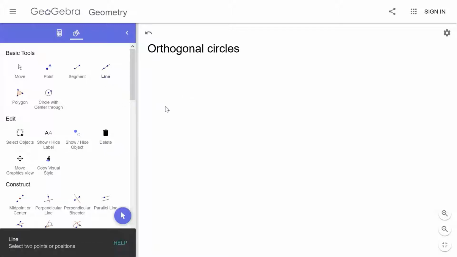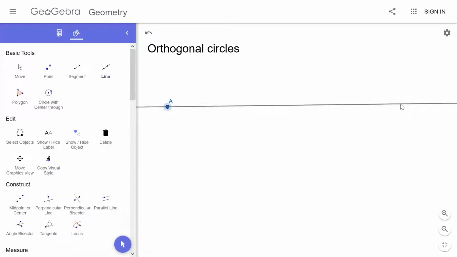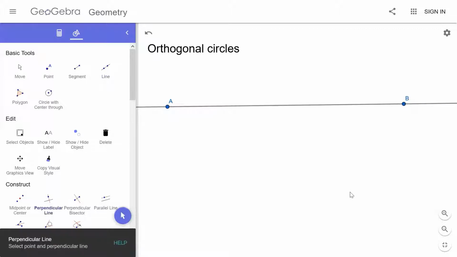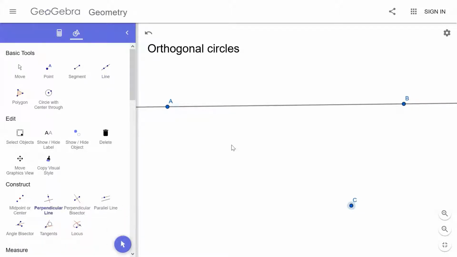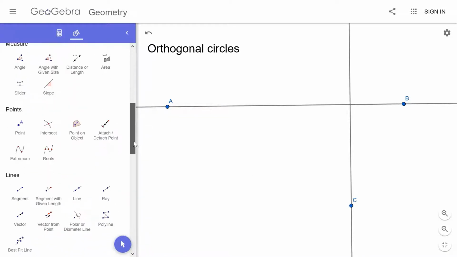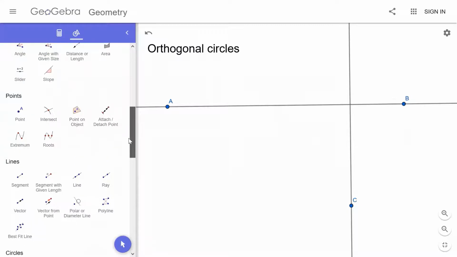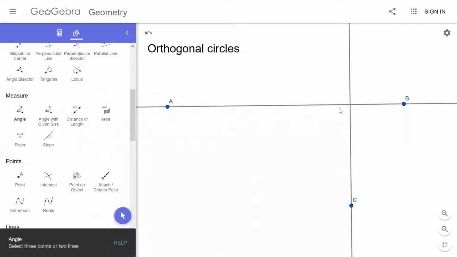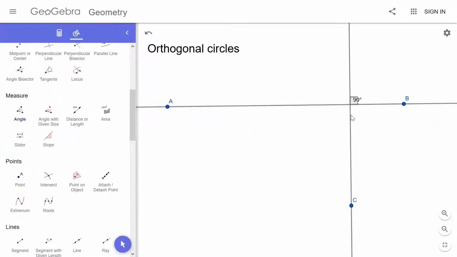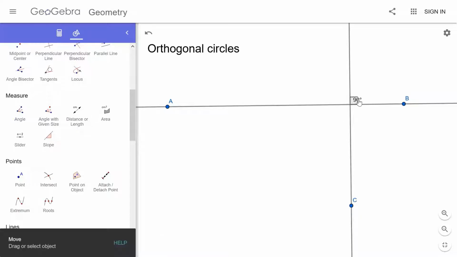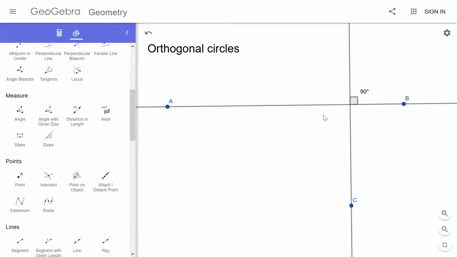For instance, if we draw a line on the Euclidean plane, then another line is said to be orthogonal to this line if the angle formed by these two lines is 90 degrees, as the example that we're looking at on the screen.